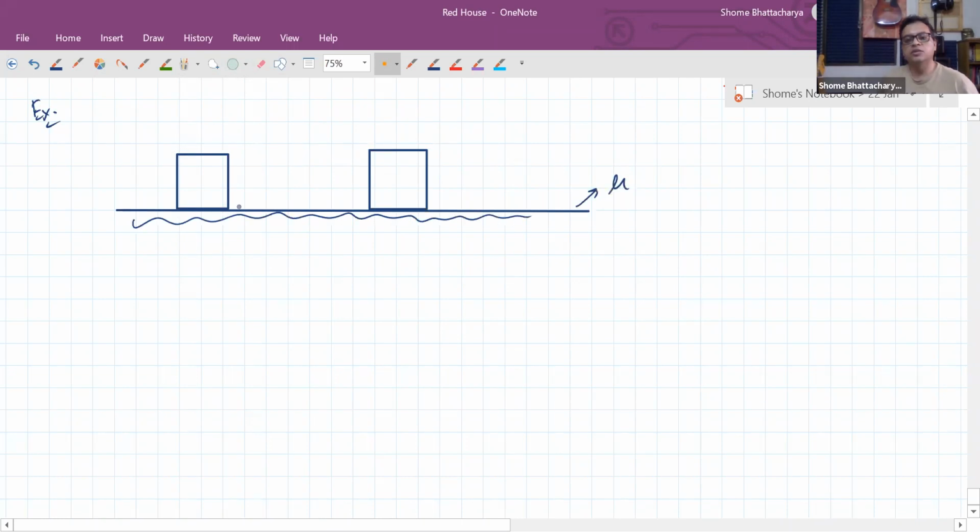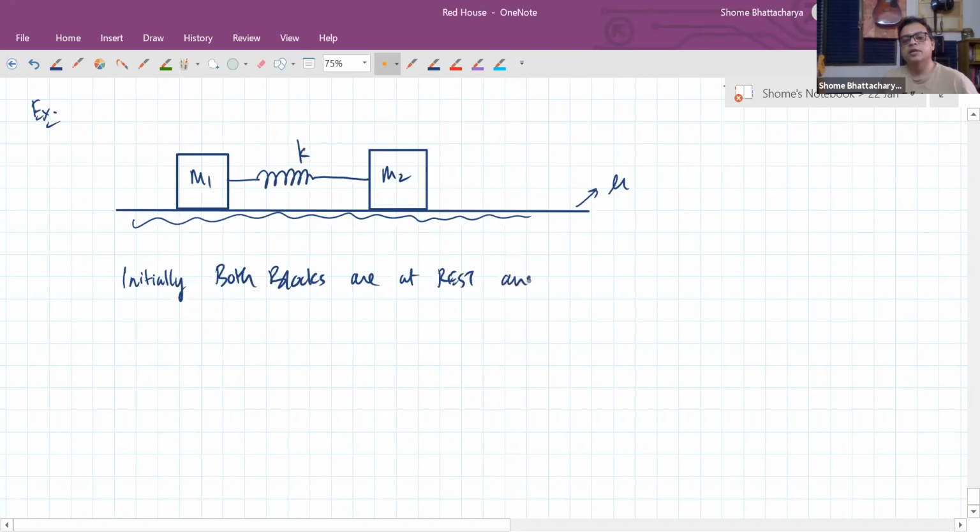So this has a coefficient of friction mu. This block is M1, this block is M2, and they are connected by a spring. So initially, both blocks are at rest, okay, and the spring is relaxed.